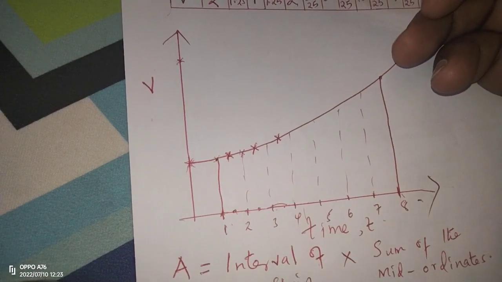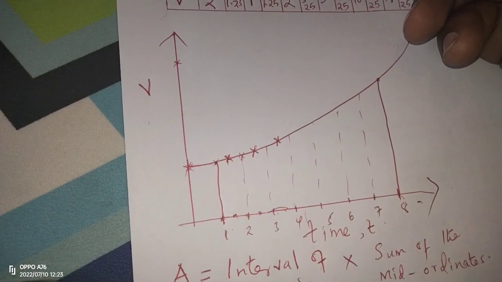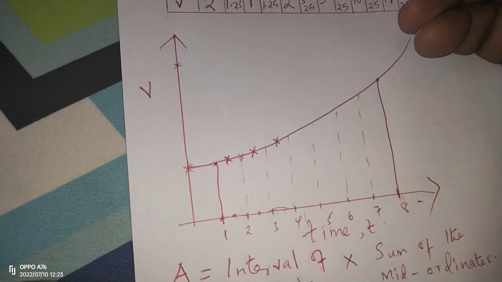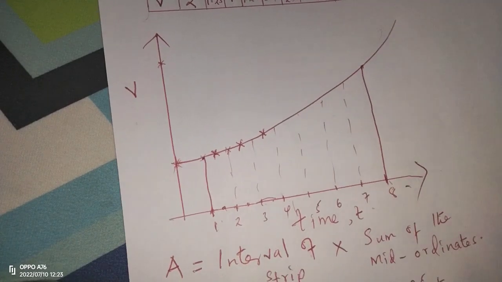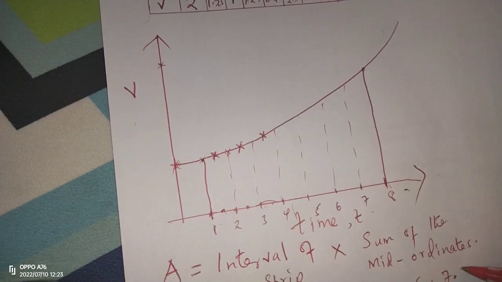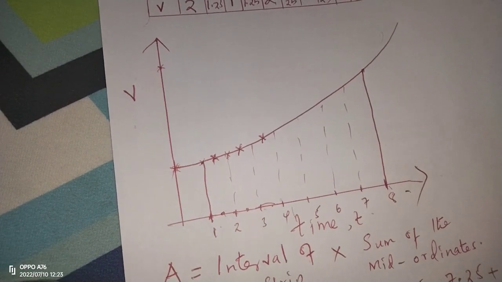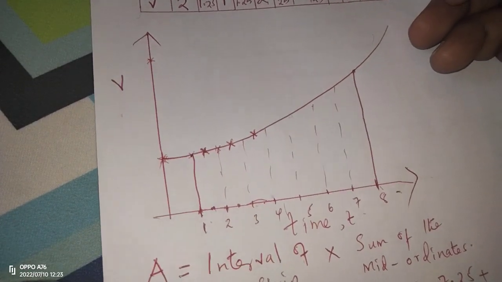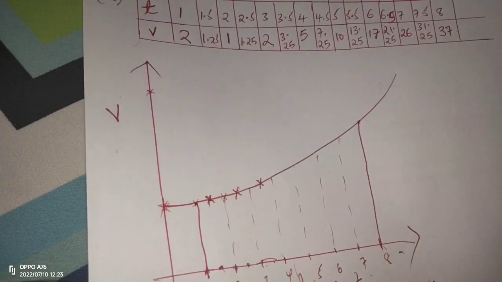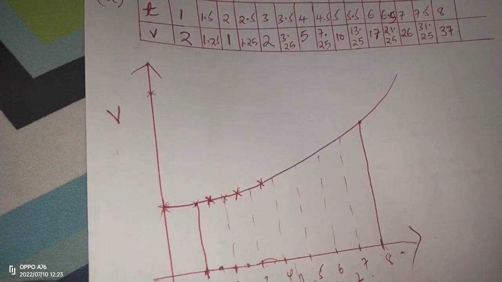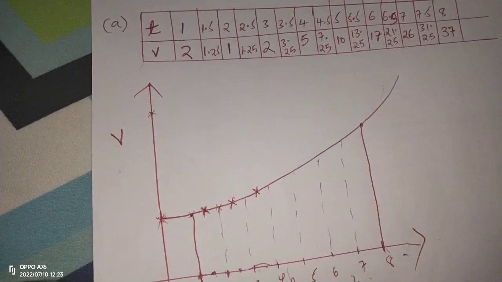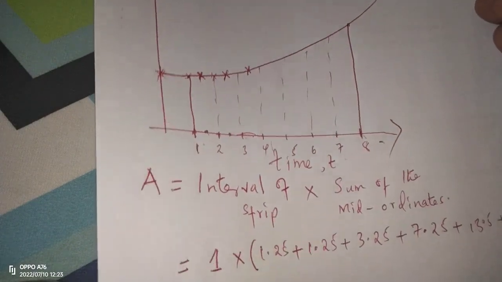We proceed. At 4.5 we have 7.25. At 5.5 we have 13.25. I'm picking the values right away from the table because we've already filled the table.